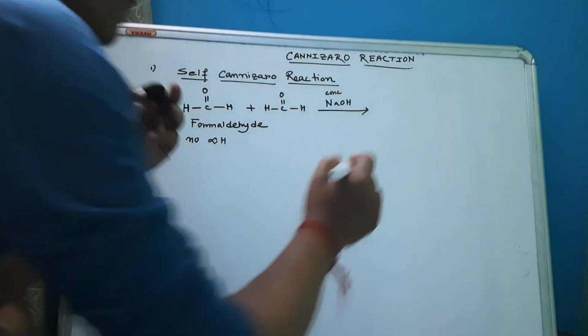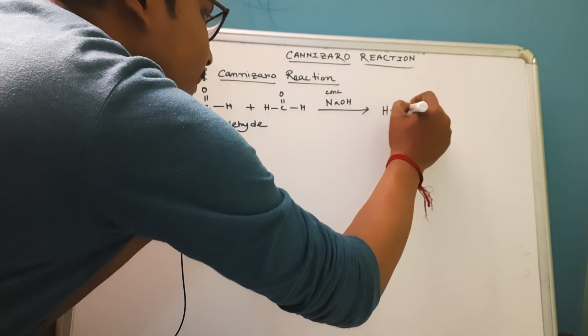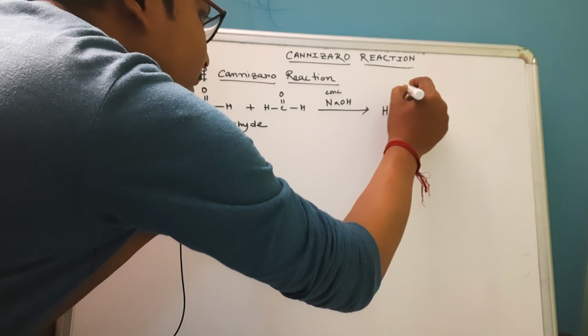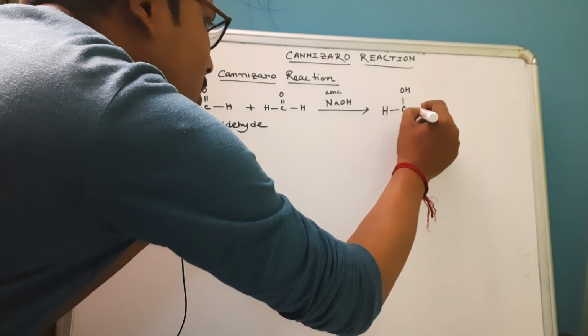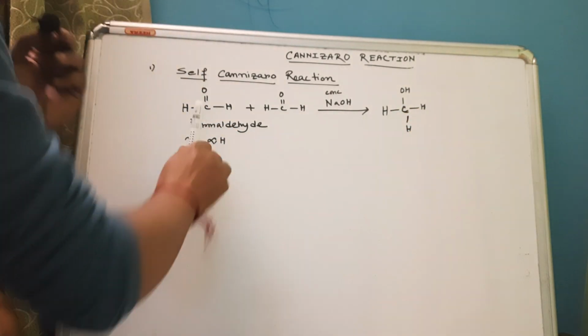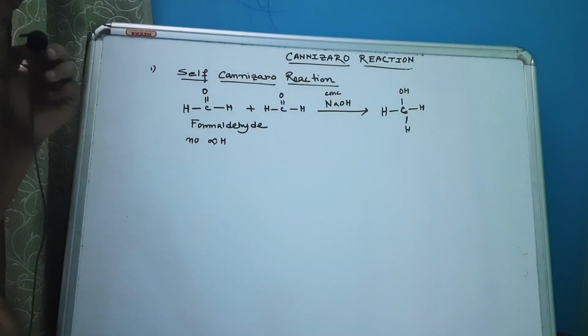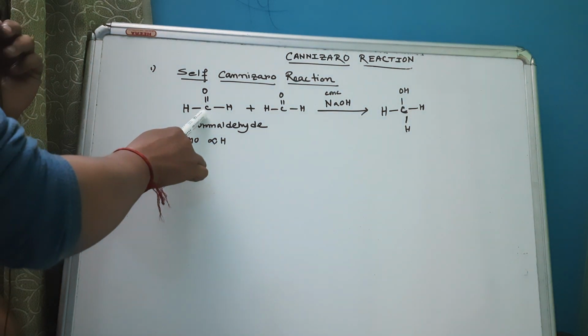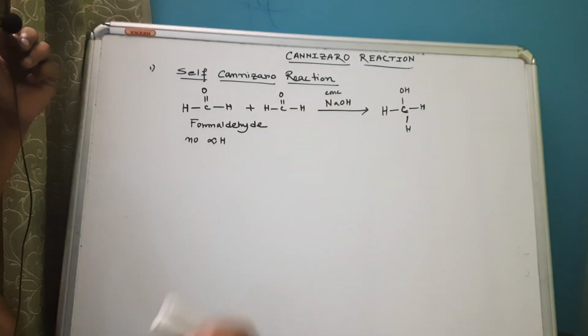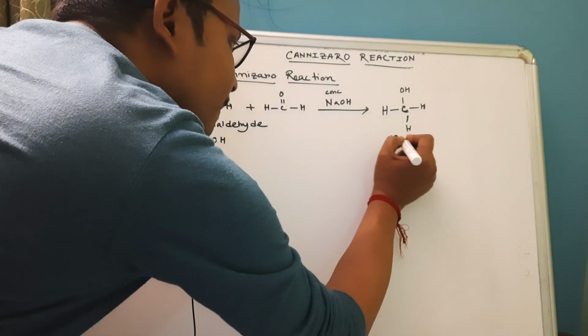One molecule of the formaldehyde becomes the corresponding alcohol, and remember, it only becomes its corresponding alcohol. So there is no loss or gain of carbon atom. It has only one carbon atom, so its corresponding alcohol should have only one carbon atom. So it is methanol.